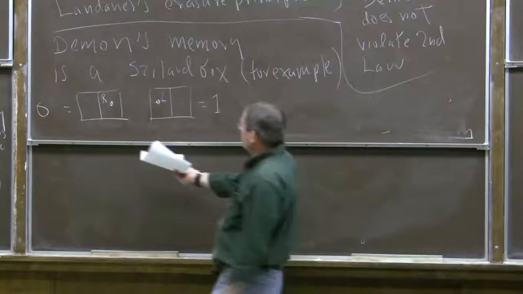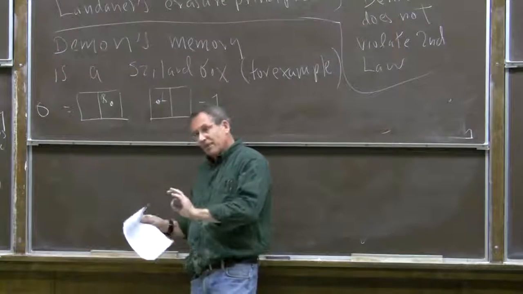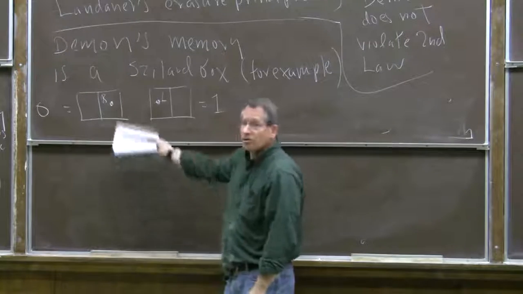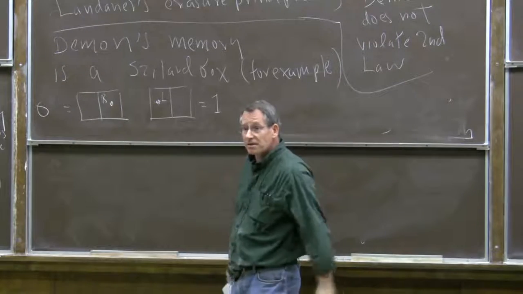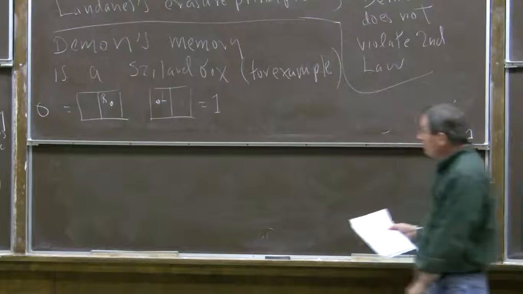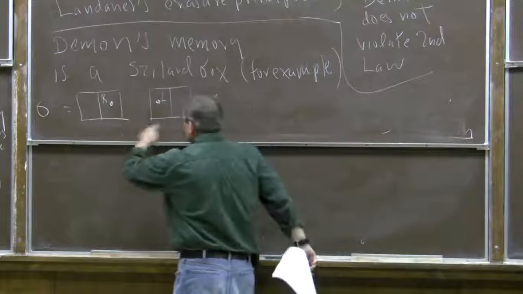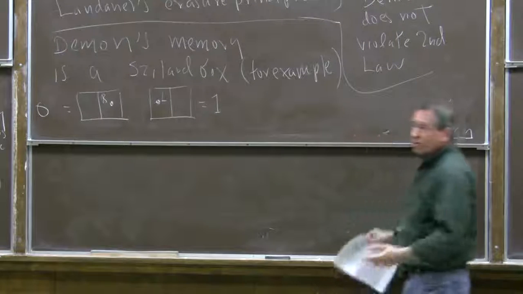I'm using it as the object that is running a heat engine cycle, but I'm also using it as a memory, another box, which I can use to record information. And now, after I've done this many times, I've got lots of molecules in boxes, each one stored on the left or the right. Therefore, the cycle isn't closed. Every time I ran the cycle, I stored another bit. Eventually, I want to erase all the bits.